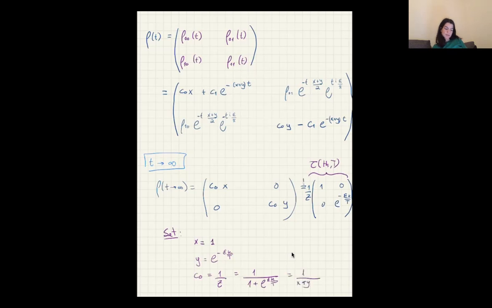As you see, there's some freedom here. The freedom is that we could scale up x and y and then just scale C0 accordingly, right? So there could be some alpha here. Oh, alpha we used already. So some gamma, as long as you put here 1 over gamma, then everything works out.